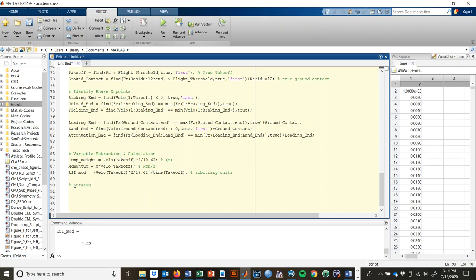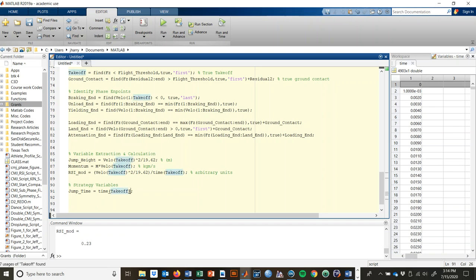So what I'll do is go strategy variables, and I'll start temporally. Let's start with the time of the jump. So what we'll do is jump time. You can also call this time to takeoff, or TTT, whatever you want to call it. But this will simply be time at takeoff, because we've already discussed that for RSI mod, how to get that.